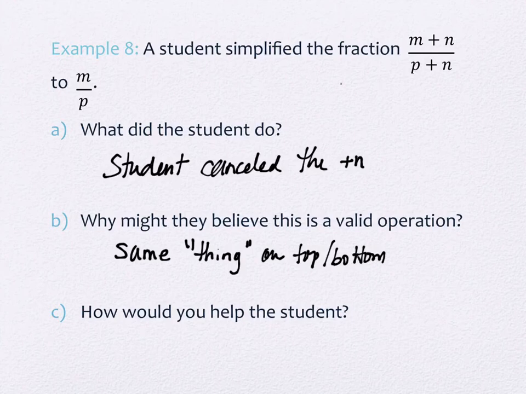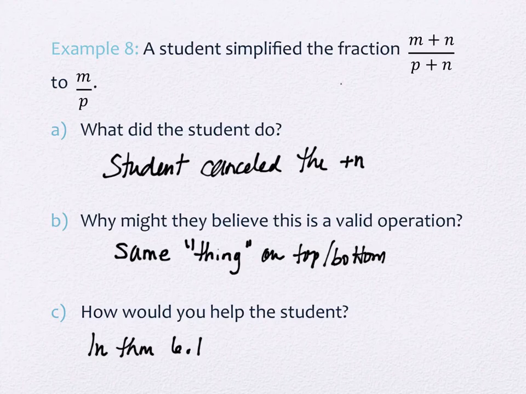It was Theorem 6. Okay. So in Theorem 6.1, what did it say? What can we actually do? What is the thing that we're allowed to cancel? When they're multiplied. Multiplied. Yeah.